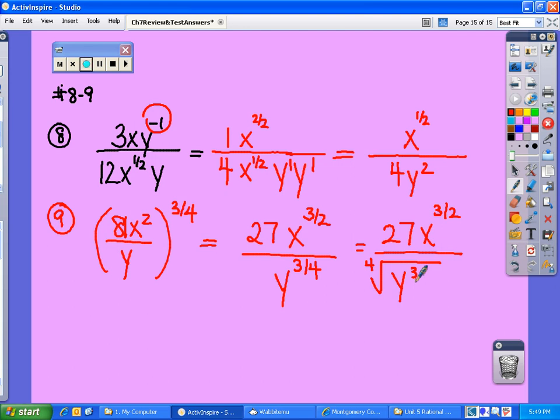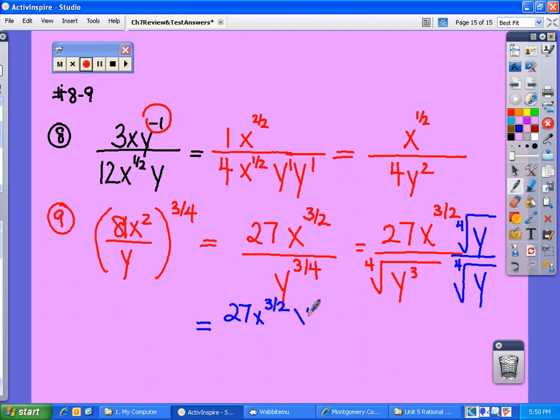So let's multiply both top and bottom by the fourth root of y. This will give us the additional y needed in the denominator to get rid of the radical there. In the numerator, I'm going to write everything, 27 x to the 3/2, just the way we had it.